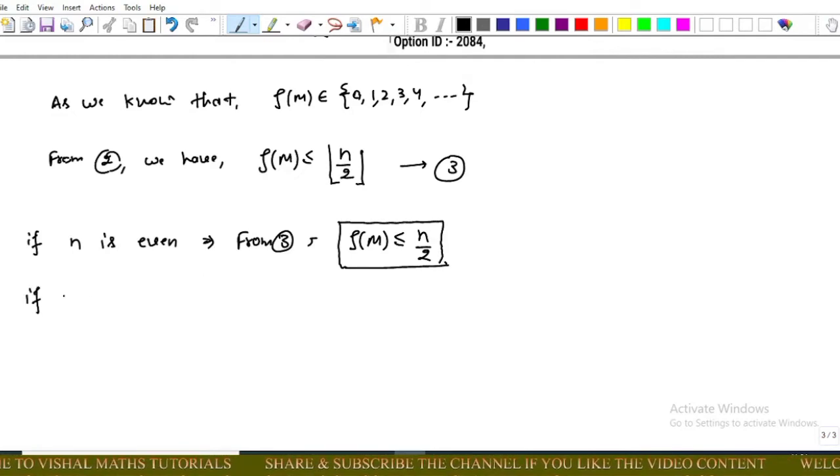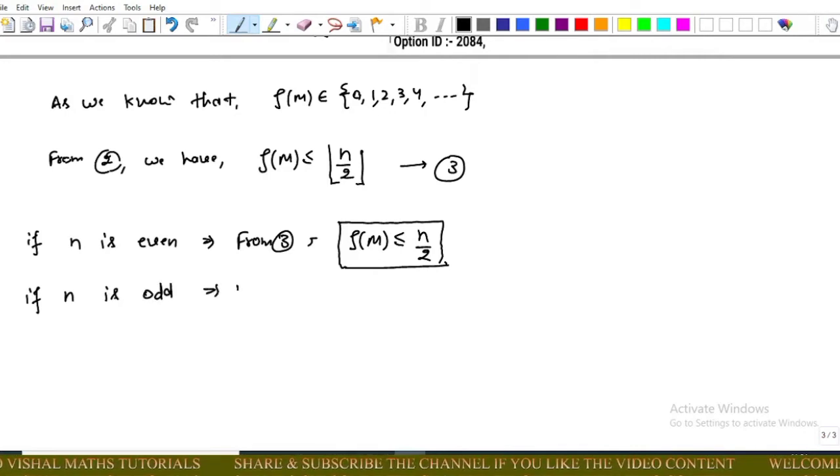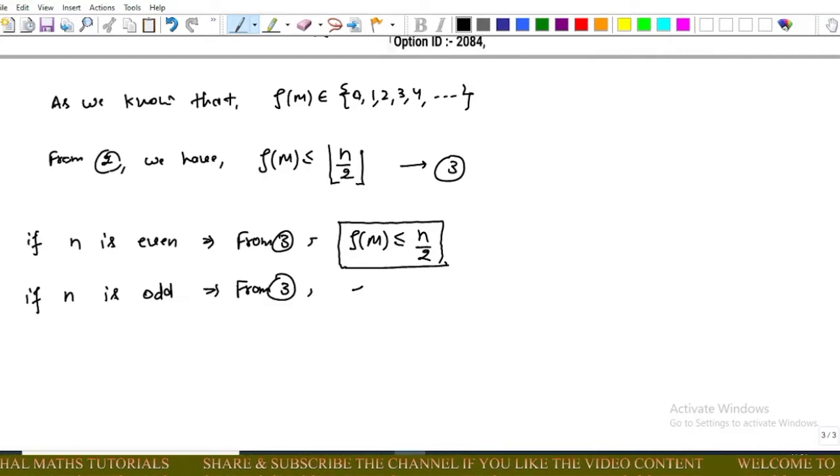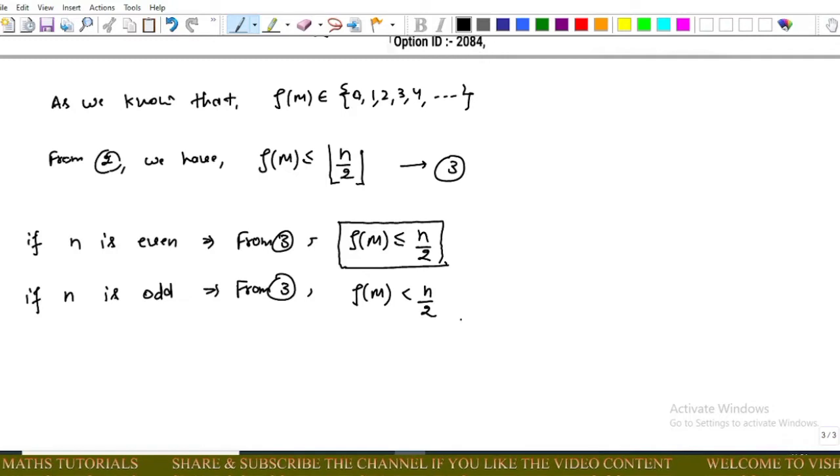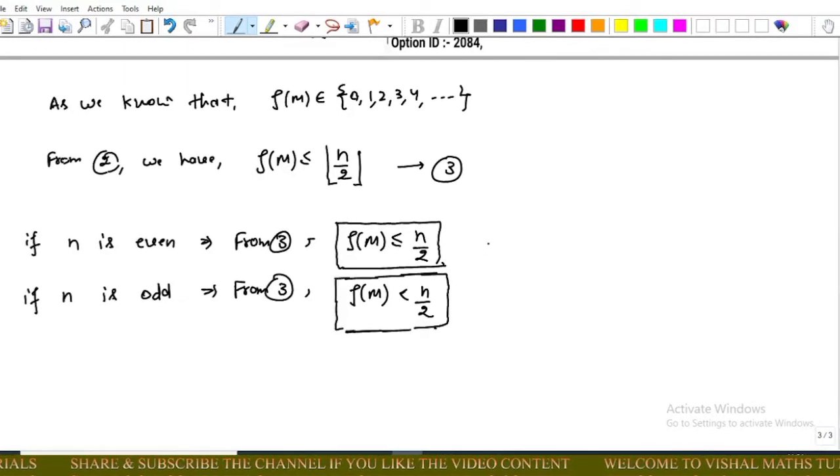And if n is odd, this implies that from 3, rank of M is less than n upon 2. Say these two equations star.